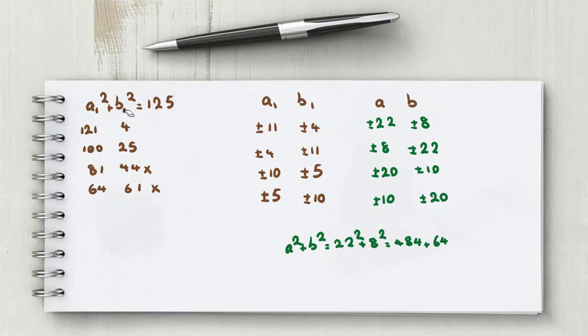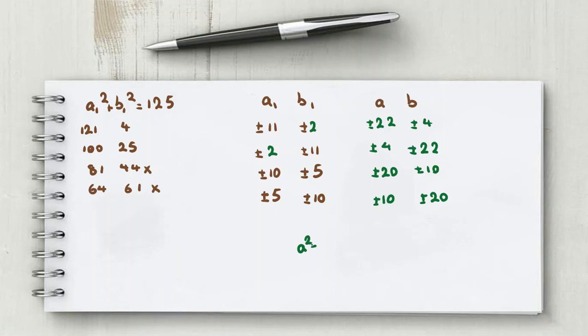Let's erase: when b1 squared is 4, it should be 2. So let me correct it: plus minus 22, plus minus 4, and so on. Here it's 2, here it's 2, here it's 4, here it's 4.